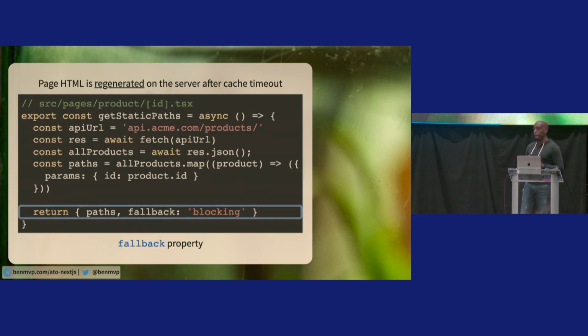So we can combine revalidate with the third option for fallback, which is blocking. Effectively, that means that without fallback blocking, when we make the ISR request, the user will get a loading state until they get back the new content. Well, now with blocking, it's going to really seem like a server-side request.